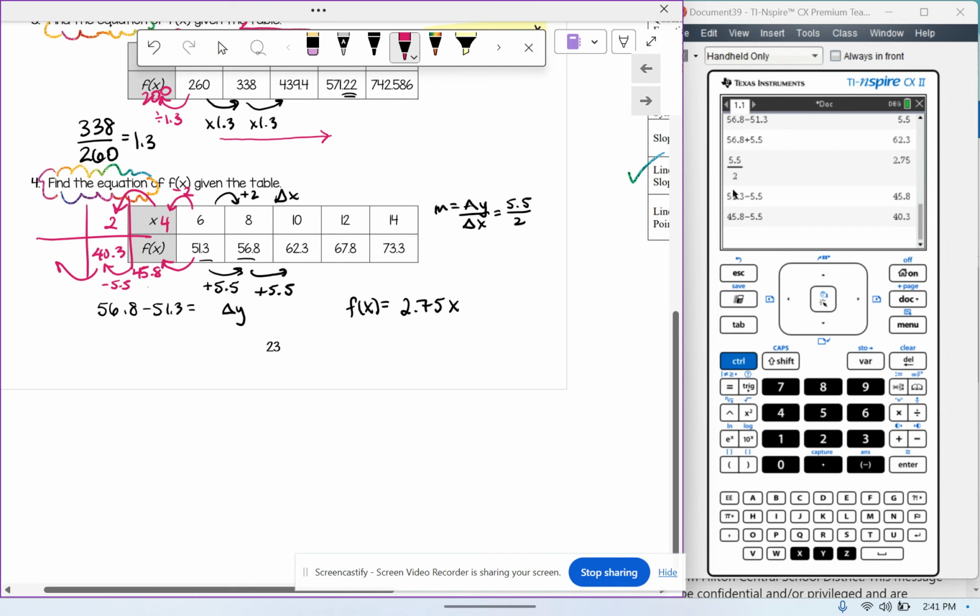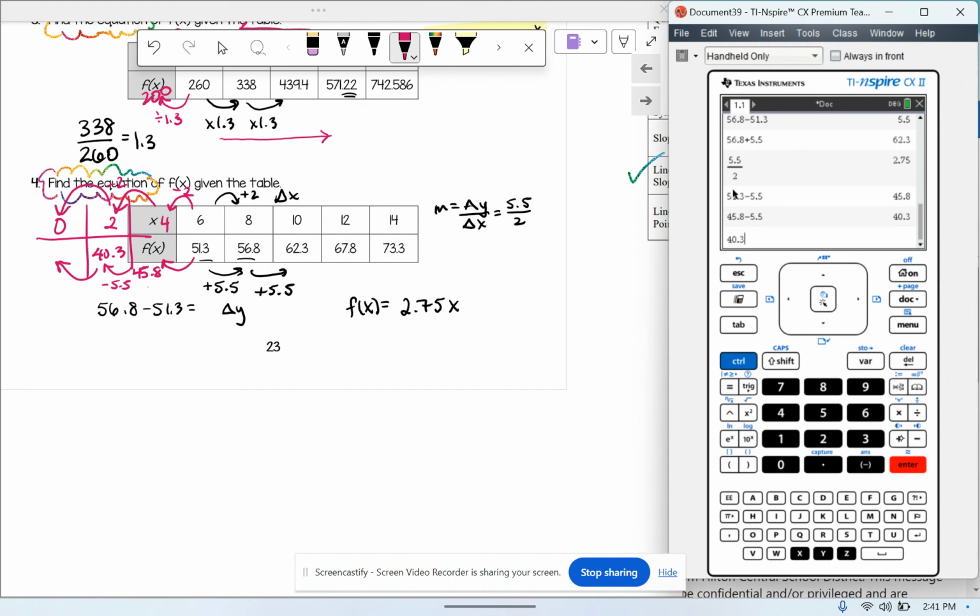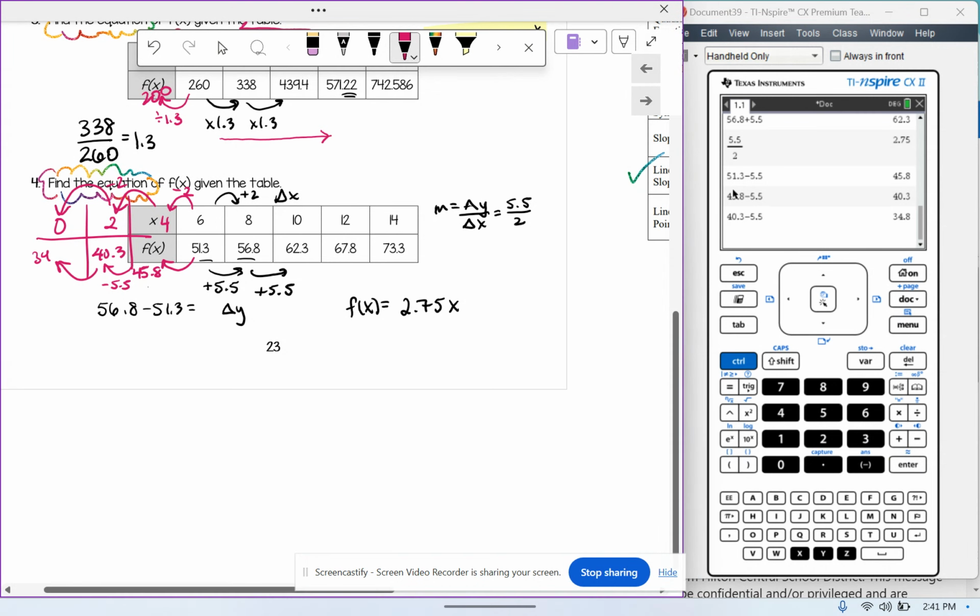I'm making a whole new table. And then I'm going to do it again. 34.8. My y-intercept is 34.8. The end.